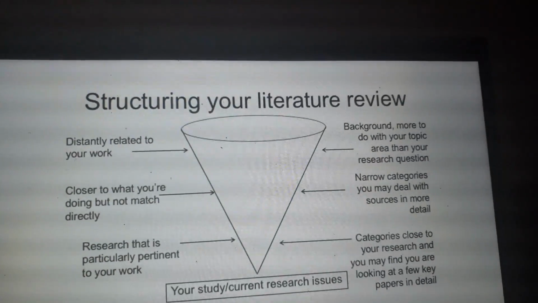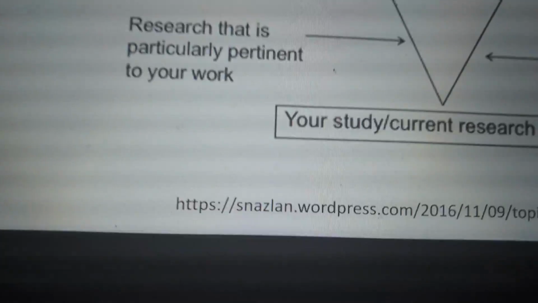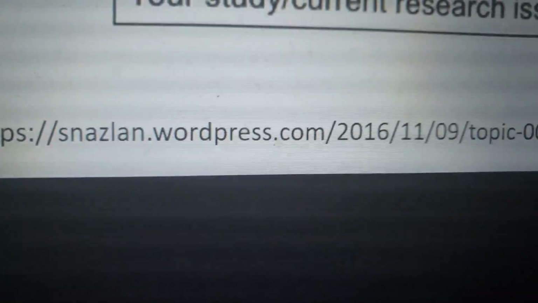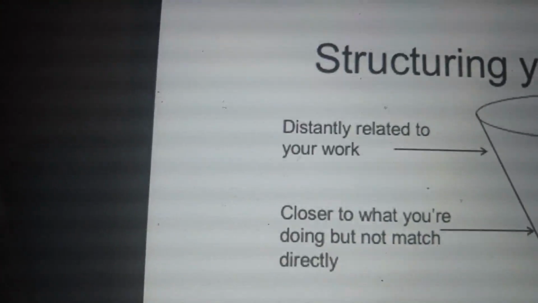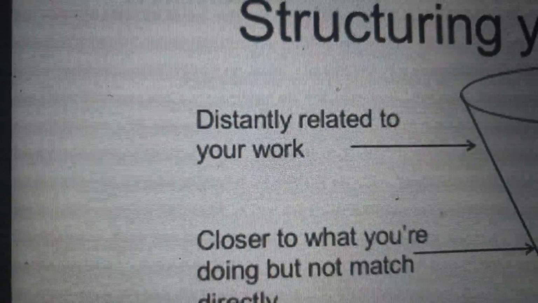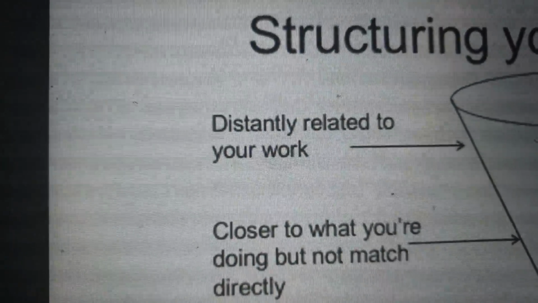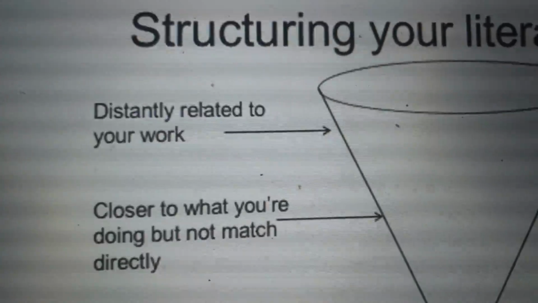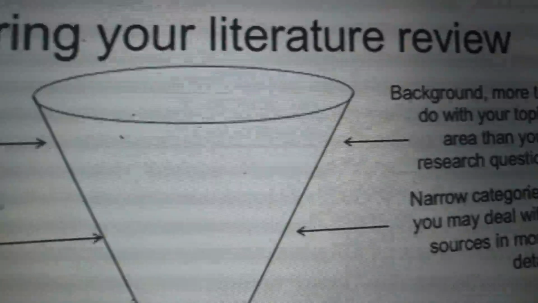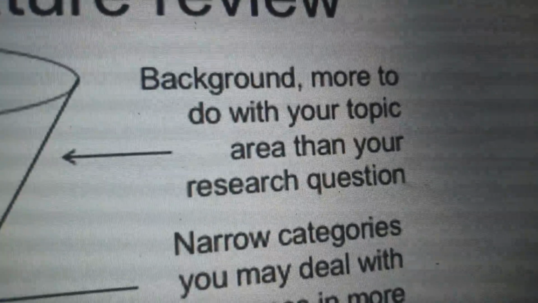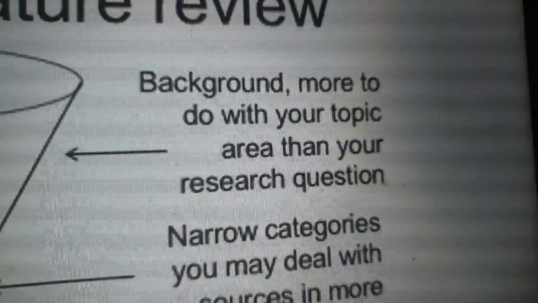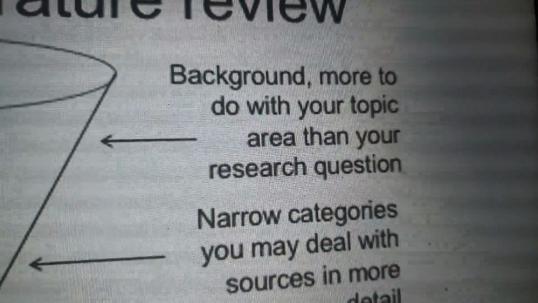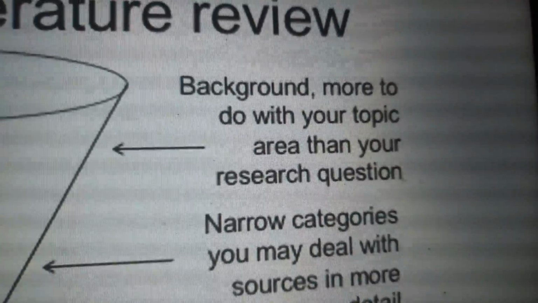So, many agree, in this case, at that source, we agree that one, you start with the distantly related to your work, something that's not closely related to your work, the general area, that will be in the background, more to do with your topic. Remember, there's a difference between topic and title, like I have explained elsewhere.